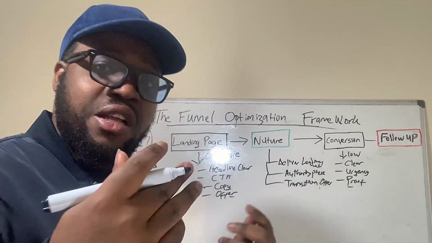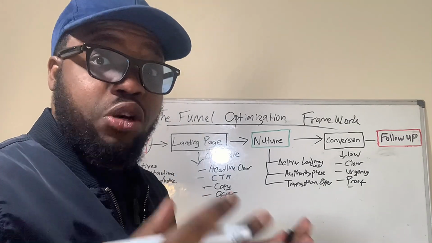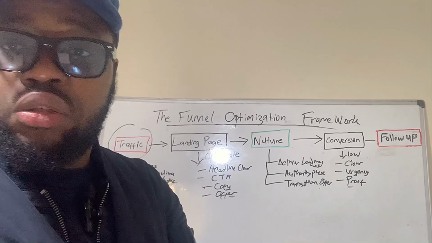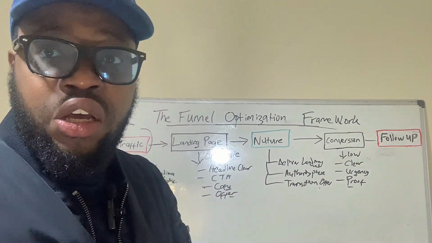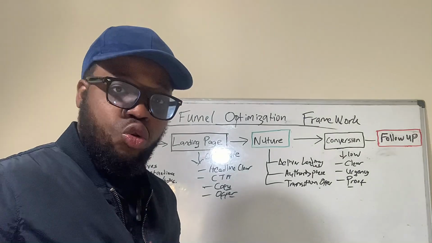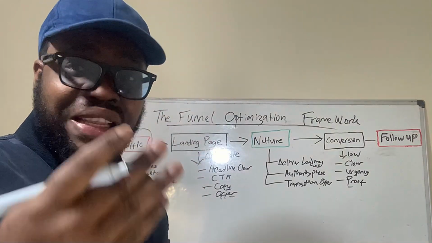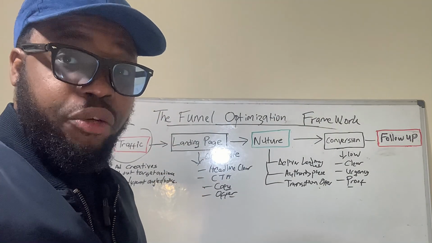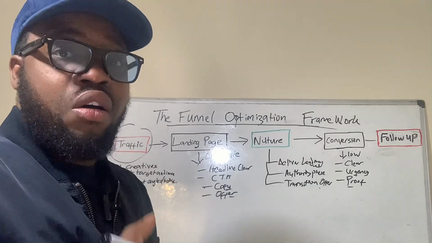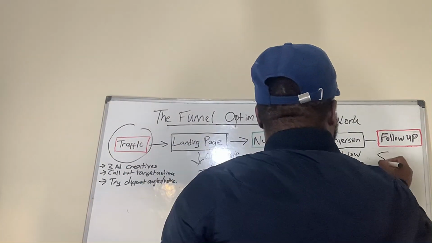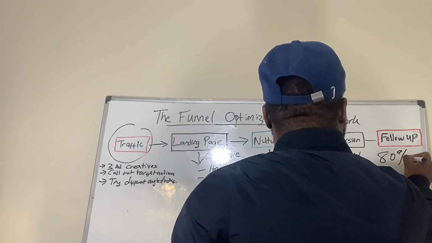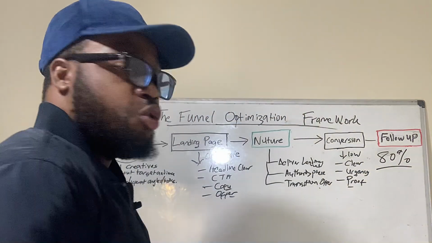That's why it's very important that you have multiple channels. You're on YouTube, you're on Instagram, you're on LinkedIn, you're on Facebook. They have to have at least 7 encounters with you before they take action. So follow up is very, very important. 80% of your conversion rate will come from follow up. So don't joke with it.